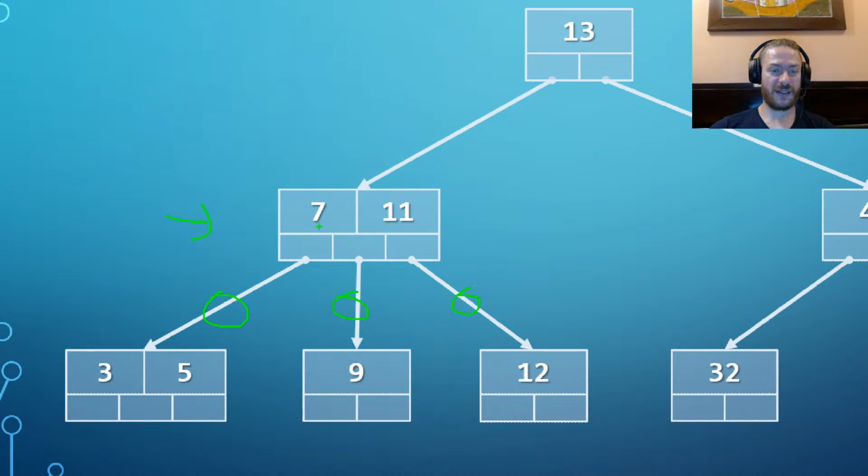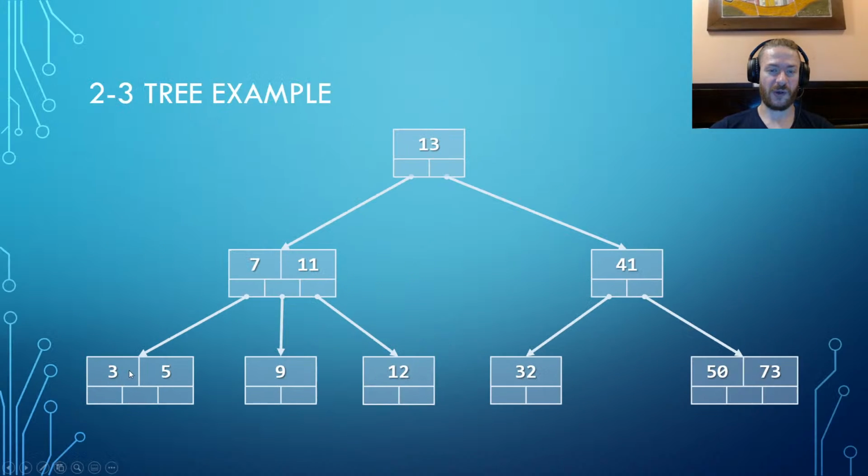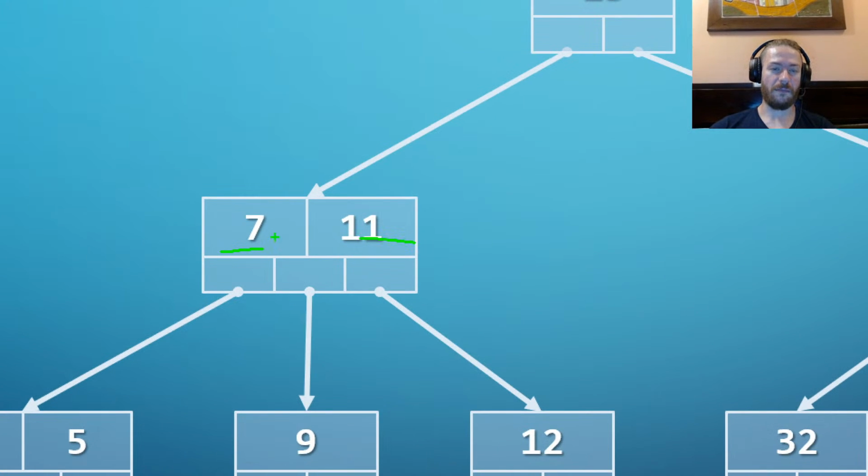All the values below 7 go here, all the values above 11 go here, and all the values between 7 and 11 go to the middle. That's the property of the B tree. And it doesn't need rebalancing that much because we can store multiple values.